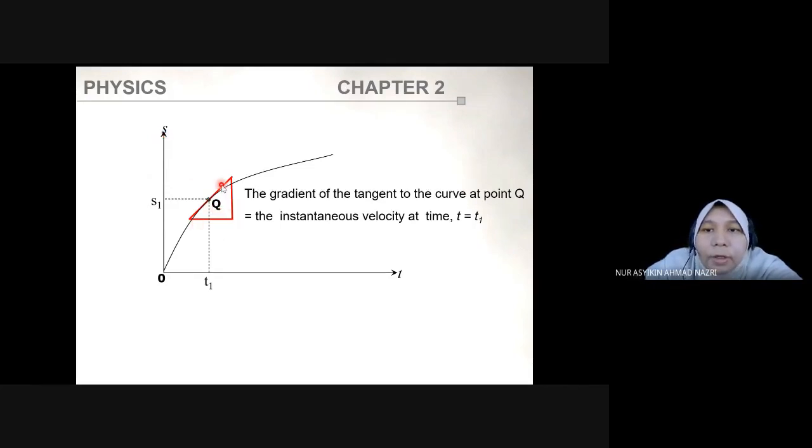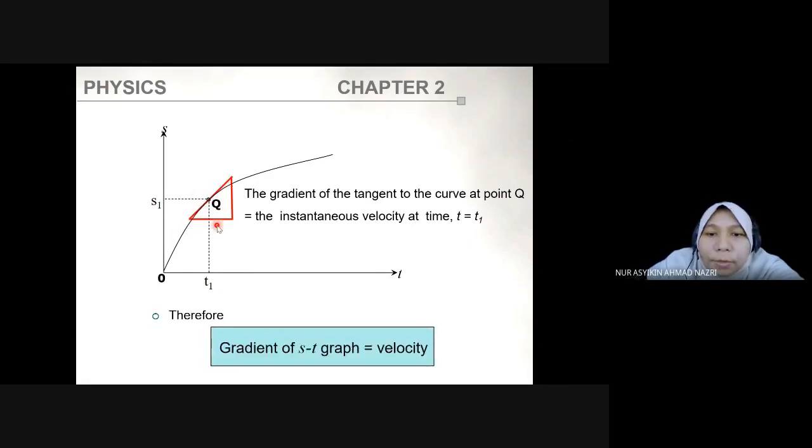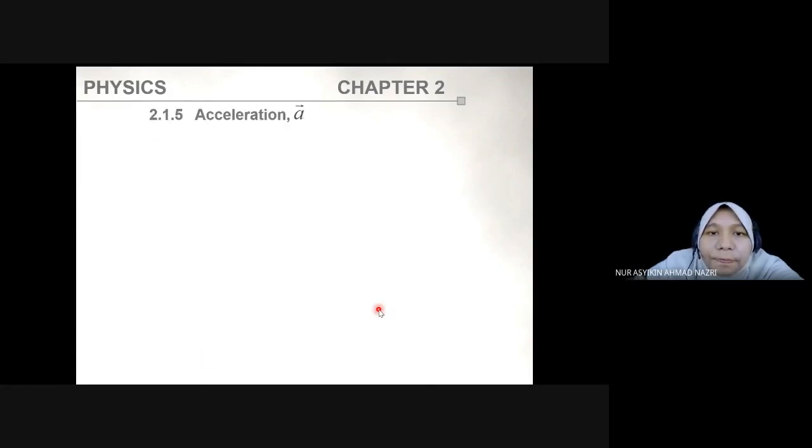So at this point we want to consider at point T1. But to find it, we will use gradient. So gradient of xt graph is equal to the velocity.